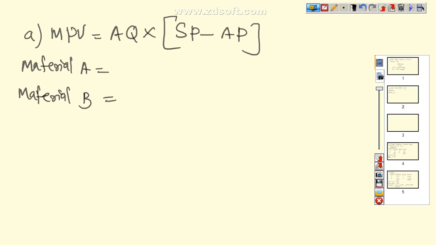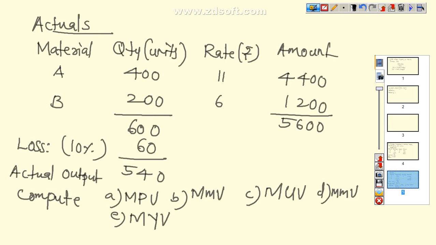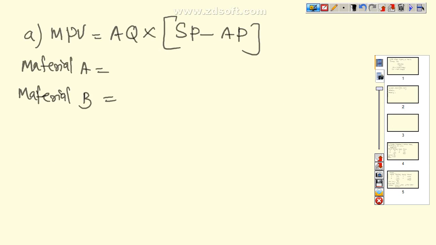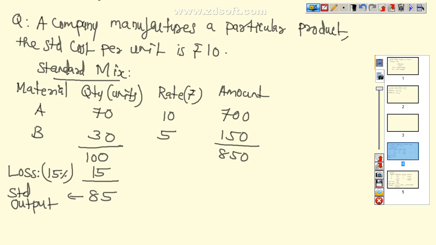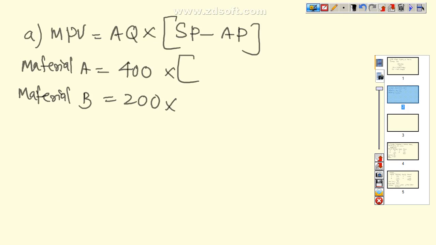Actual quantity is given, 400 and 200. So here we write 400, here we write 200, multiplied by standard price. It is also known as standard rate, that is given in the question, 10 and 5. So here we write 10 and here 5, minus actual price, also given in the question, 11 and 6.